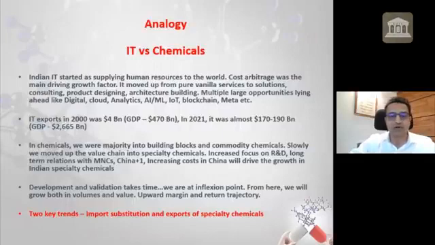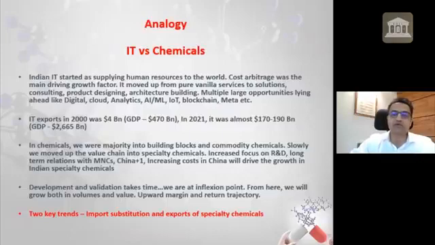In 2021, it is almost 170 to 190 billion, compared to a GDP of $2.6 trillion, so almost 8% or 9%. IT exports have grown from 4 billion to almost 170 to 190 billion, almost 40 to 50 times in the last 20 years. I think a similar thing is going to happen in chemicals.